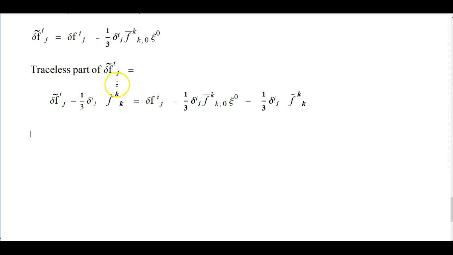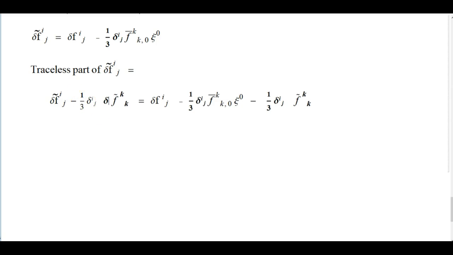So this is the traceless part of delta phi j. I subtract 1 by 3 delta ij, and this has to be delta fkk and this.